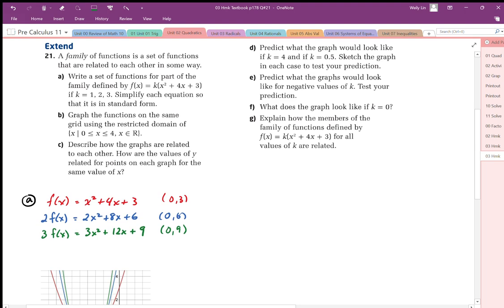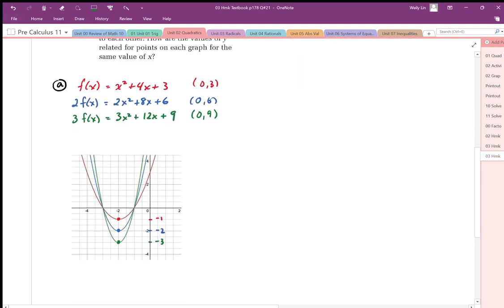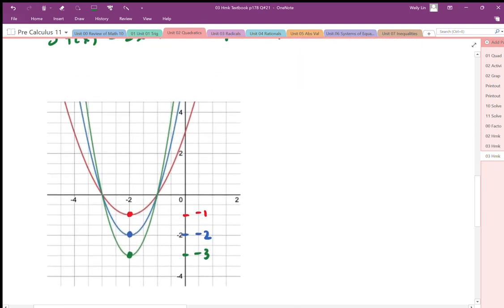It says here, predict what the graph would look like if k was 4 and k was 0.5. Well, if k was 4, we would expect it to be expanded from the x-axis 4 times higher. So it's going to go up like that, so it's going to be steeper.